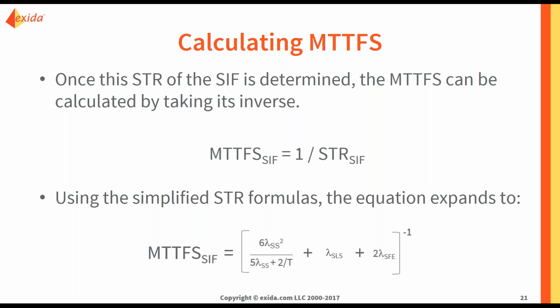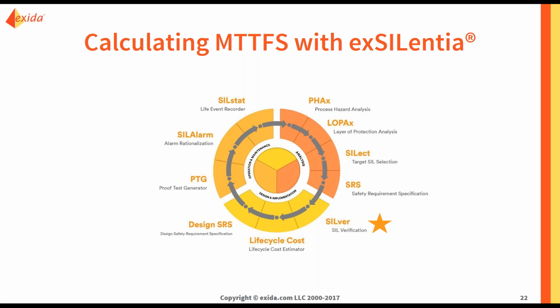The way I've calculated it here, the MTTFS is expressed in hours, and therefore to convert to years, you have to divide by 8,760 hours. So if you're doing this by hand, you want to make sure to watch your units, but hopefully you don't have to do it by hand. I'm going to show you next how you would calculate the MTTFS with a tool like exSILentia.